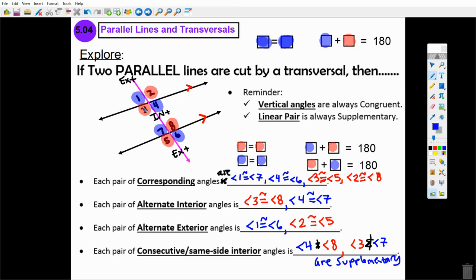So those two make a line, therefore they add up to 180. 4 and 8 make a line and they add up to 180. Okay, so all the rest are congruent and these are supplementary.